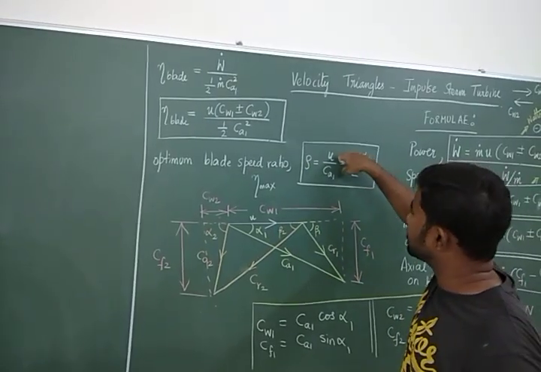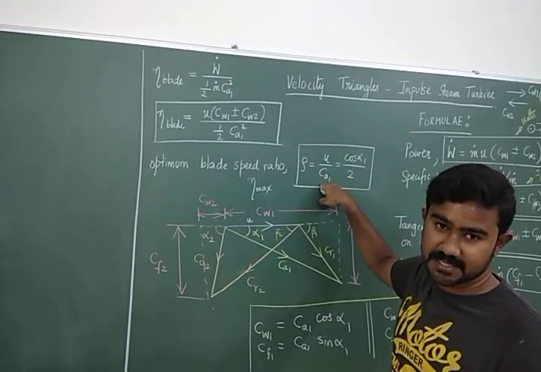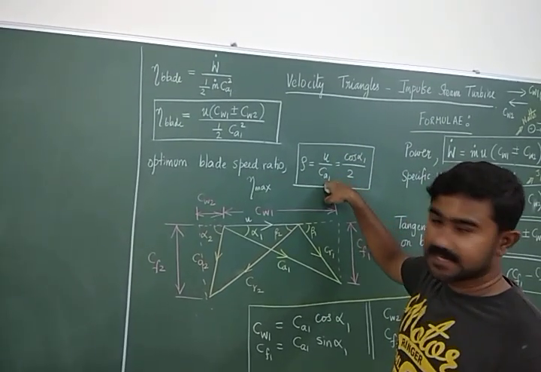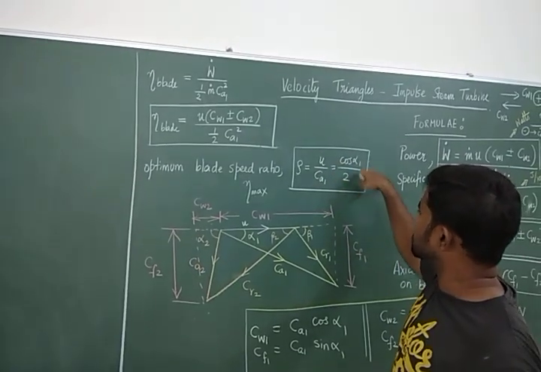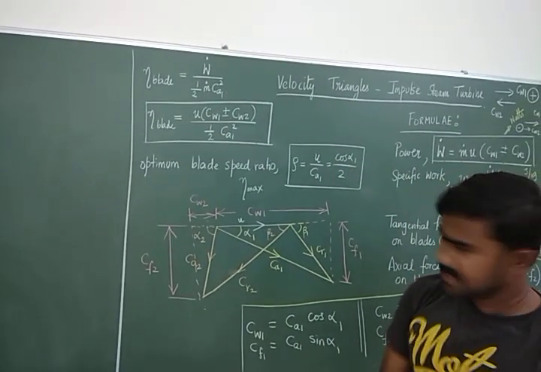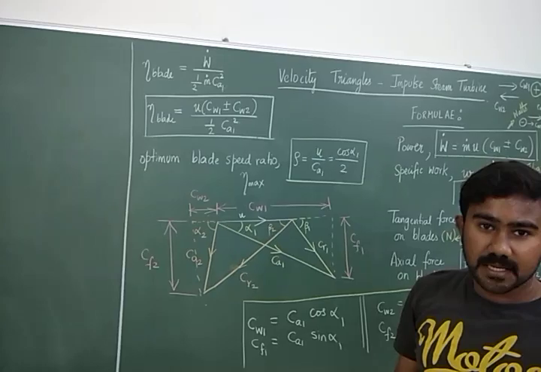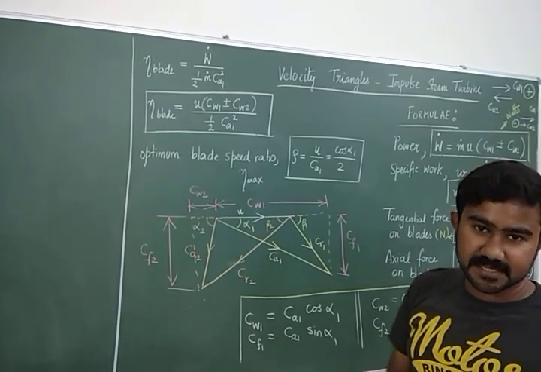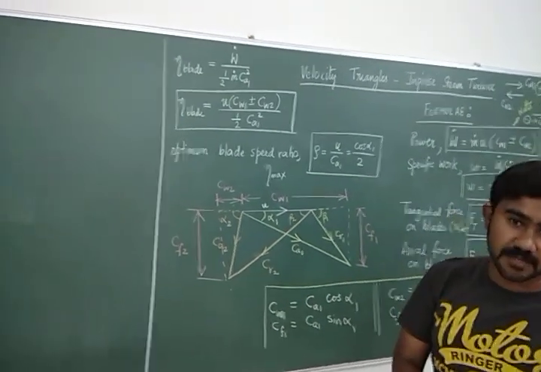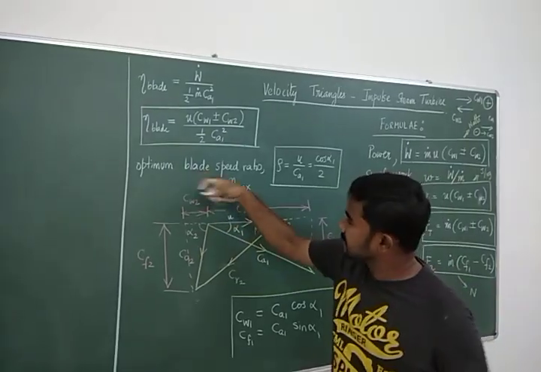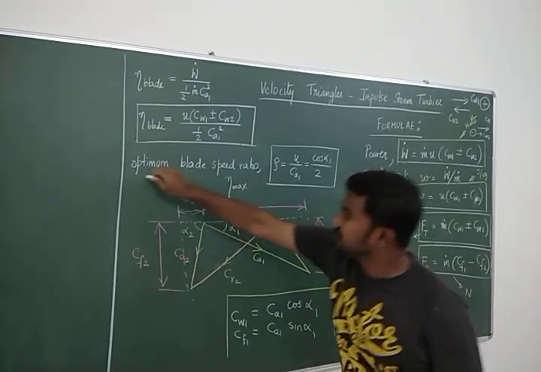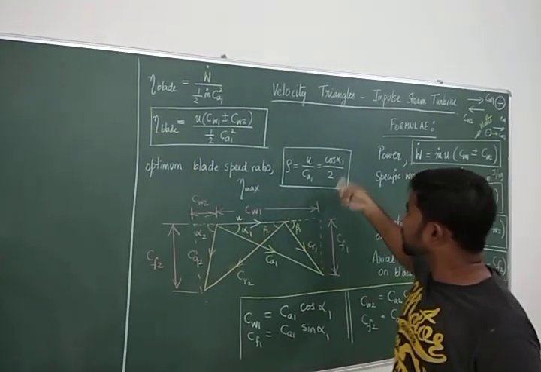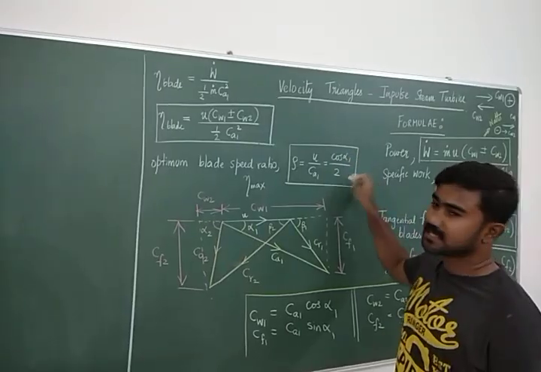This is the ratio of the blade speed to the inlet jet velocity or the inlet fluid velocity. This ratio should be equal to cos alpha 1 by 2. A similar condition you would have even seen for a Pelton wheel turbine. Pelton wheel is an impulse turbine. So I have skipped the derivation, but the optimum blade speed ratio, if it is given to be used, then we have to use U by Ca1 is equal to cos alpha 1 by 2.